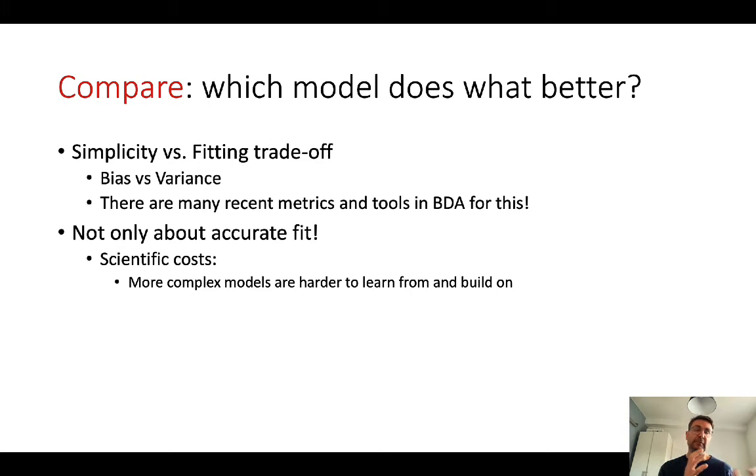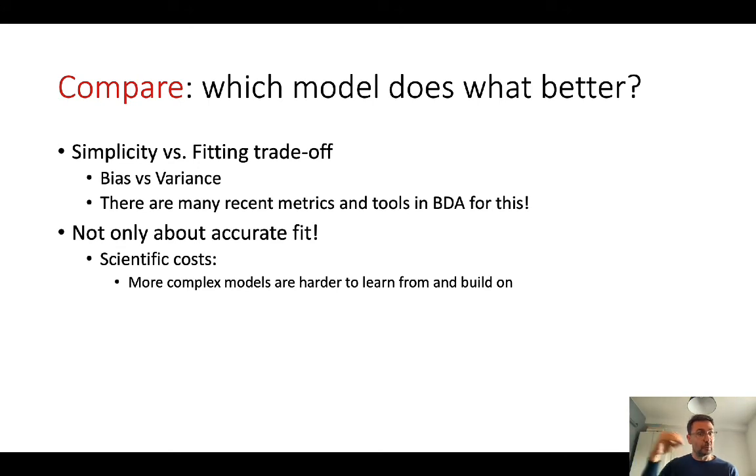So, doing the trade-off in comparison can partly be done based on automated tools and automated metrics. But we also think that in software engineering, you should consider the scientific cost. So maybe one model is actually better from a simplicity versus accuracy trade-off, but what is the scientific cost of having a more complex model?